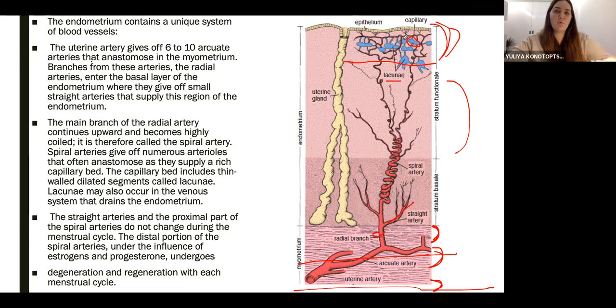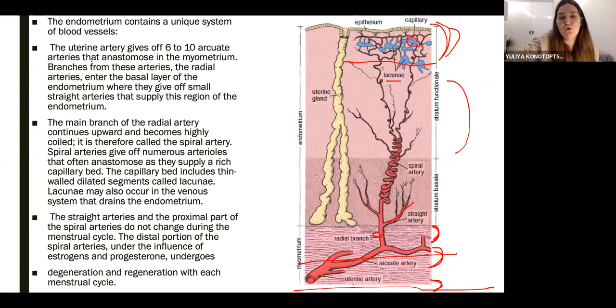These lacunas are quite important for general vascularization of the endometrium, if the embryo comes in or something like that. So you just have additional pools of blood that you're going to be calling lacuna. So lacunas are dilated ends of the capillaries.